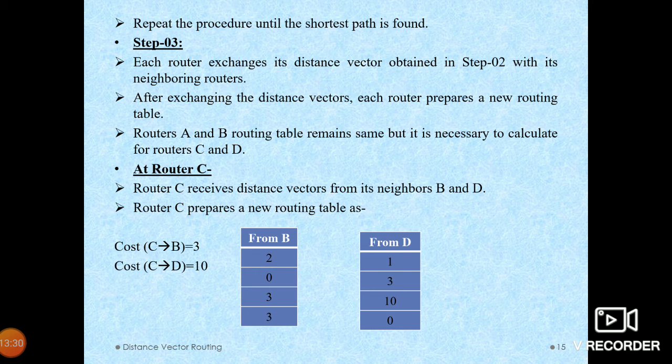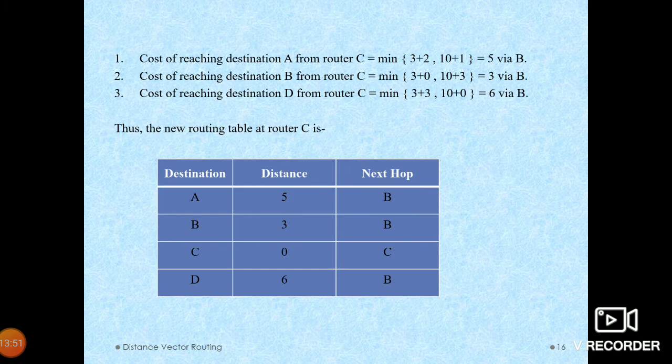So C receives the distance vector from its neighbors B and D. So these are the distance vectors received from B and D here: 2, 0, 3, 3, and from D 1, 3, 10, 0. So C to B has the cost of 3 and C to D has the cost of 10.